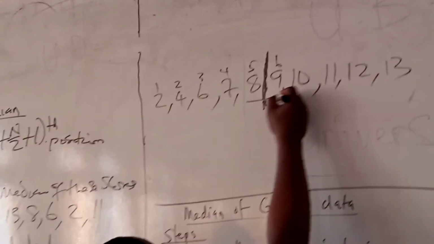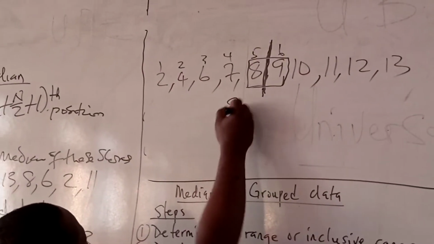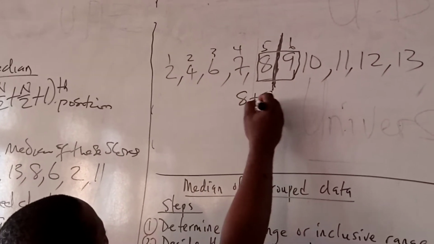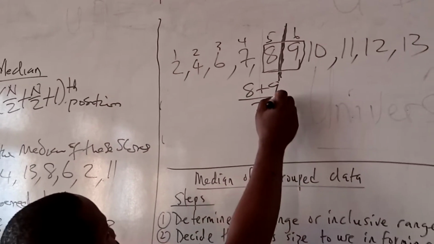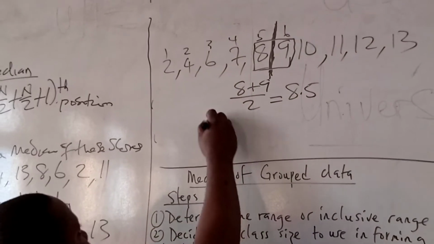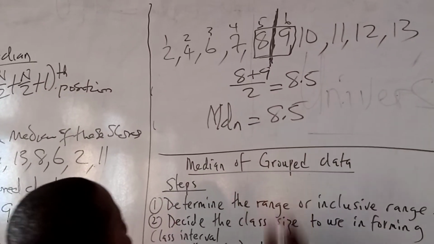And then we are assuming that the median must be between these two scores, 8 and 9. So it's 8 plus 9, because there are 2 scores, you divide by 2 again, and that will give you 8.5. And so the median of this data is equal to 8.5.